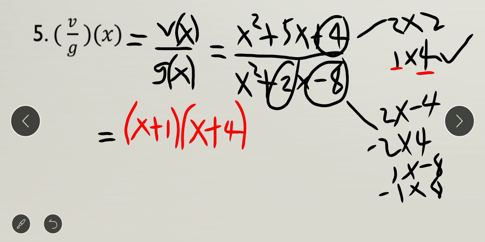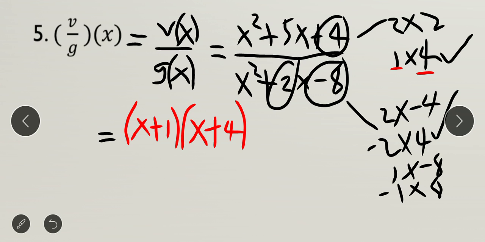Now, which of the 4 will give a sum of 2? The second one, because negative 2 plus 4, that's positive 2. In short, we have to make use of this factor.